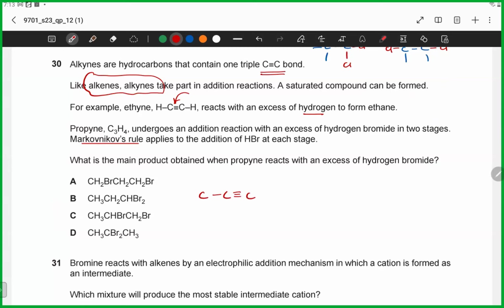What is the Markovnikov's rule? कि H likes to bond with the carbon that's already bonded to more H's on it. तो किस वाले के साथ बॉन्ड करेगा? राइट वाले के साथ, लेफ्ट वाले के साथ? लेफ्ट वाले के पास तो H ही नहीं है, and the right one has one H, ठीक है?